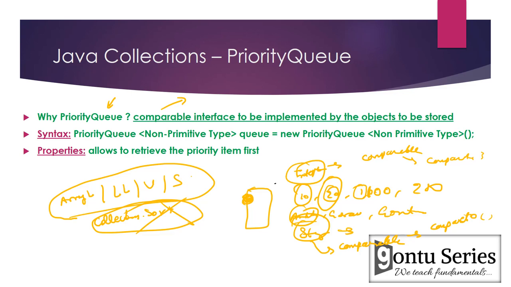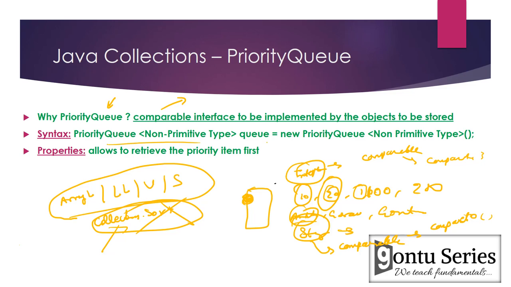But PriorityQueue makes it mandatory that you write Comparable, because using its compareTo method only will it know which object is bigger and which is smaller. That's how it works, nothing more.